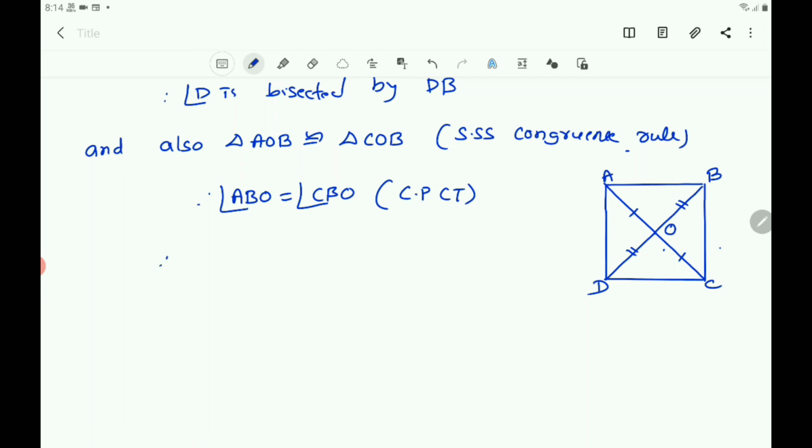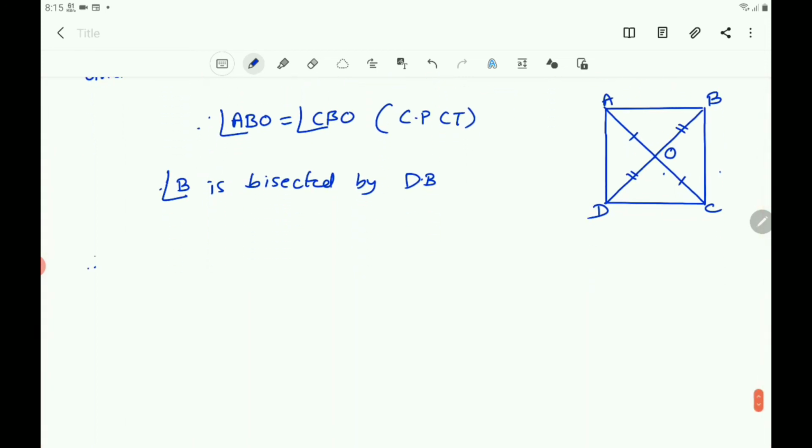Therefore, here angle B is also bisected by DB. Therefore, you can say that diagonal DB bisects angle B as well as angle D. In this way, we got the proof.